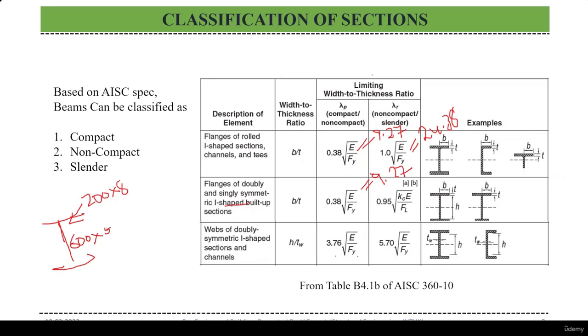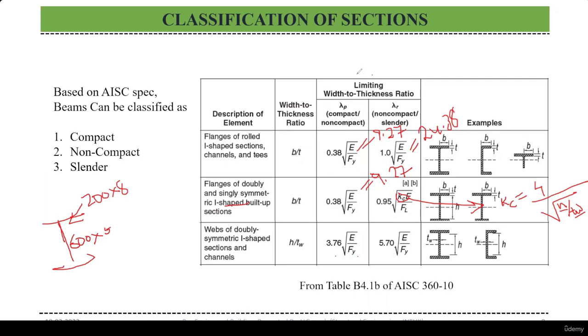Kc is nothing but 4 by root over h by Tw, where h is the depth of the web and Tw is the thickness of the web.